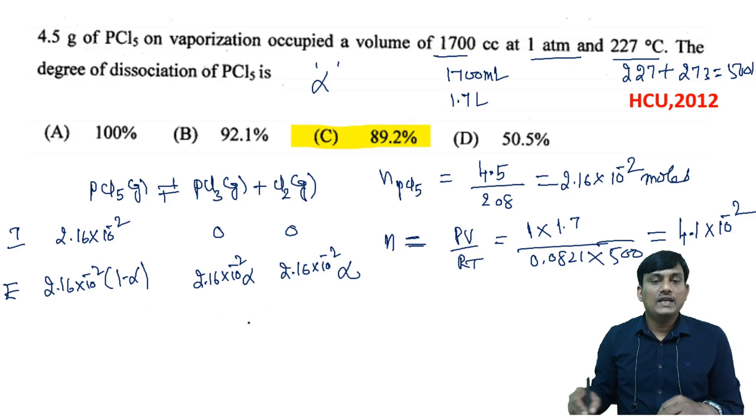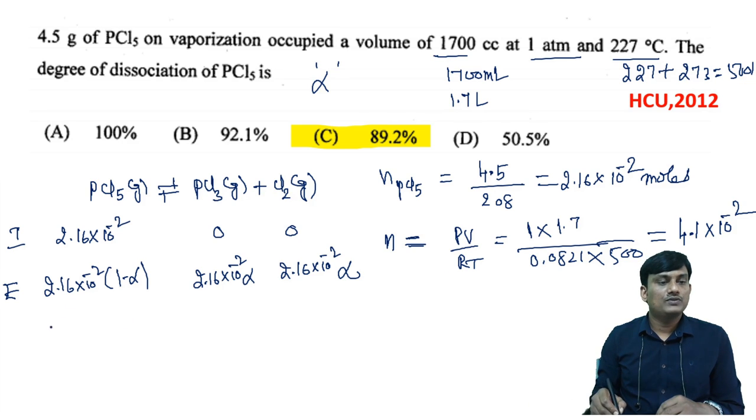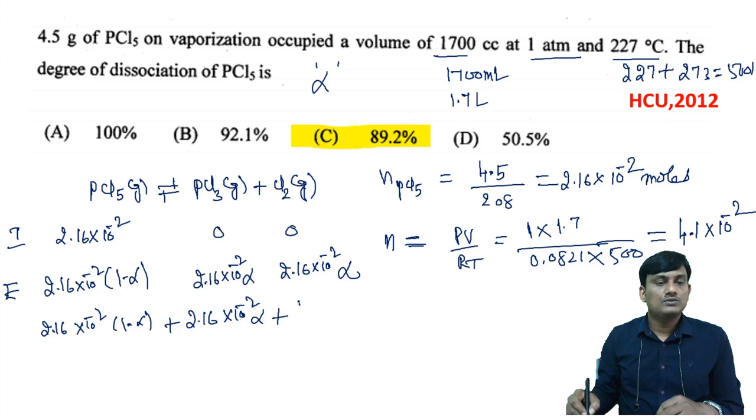Then at equilibrium, the total number of gaseous molecules is 4.1 into 10 to the power of minus 2. So the number of gaseous molecules of PCl5 plus PCl3 plus Cl2 will be equal to 4.1 into 10 to the power of minus 2. So 2.16 into 10 to the power of minus 2 (1 minus alpha), plus 2.16 into 10 to the power of minus 2 alpha, plus 2.16 into 10 to the power of minus 2 alpha is equal to 4.1 into 10 to the power of minus 2.